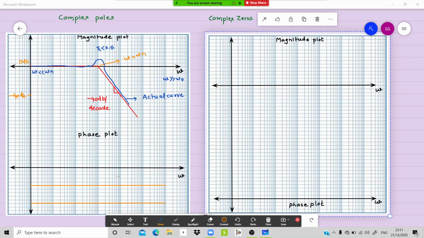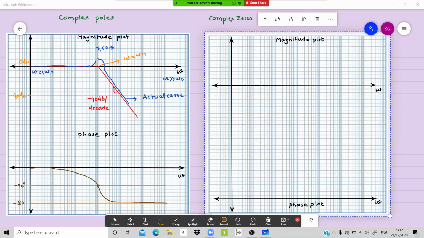So this is minus 90. This is minus 180. Correct? And initially it is 0. And when omega is equal to omega n, the angle is minus 90. Okay. So again the S curve, I'll try to draw it, going towards this. So this will be the phase plot.